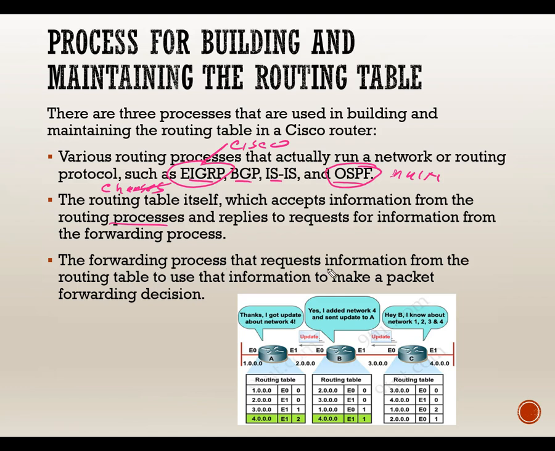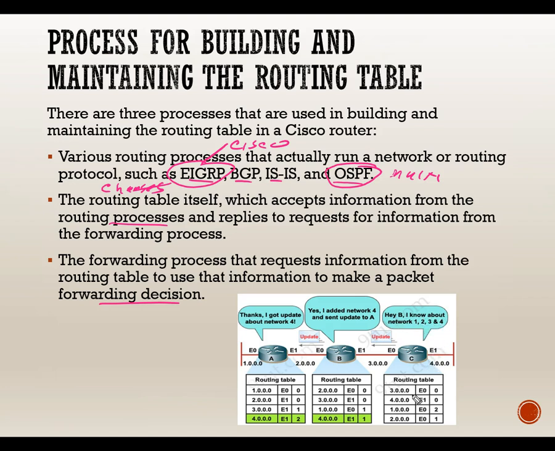The forwarding process requests the information from the routing table to use the information to make a packet forwarding decision, and all of that down here is RIP. Here router A says, hey B, I know about networks 1, 2, 3, and 4.